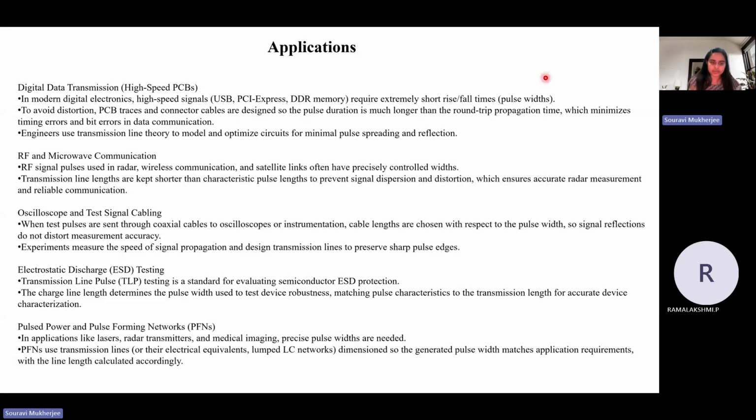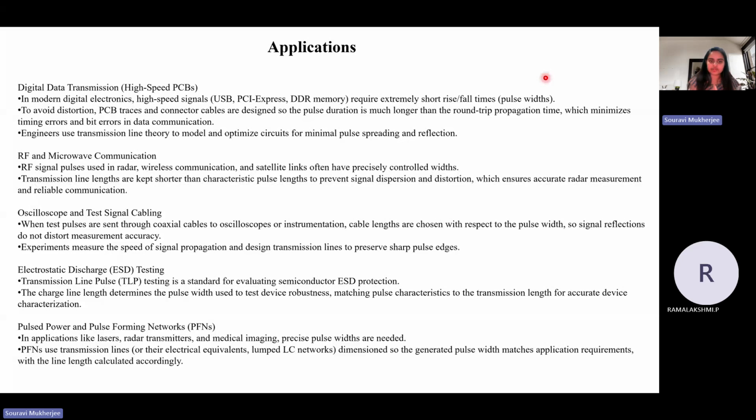And even in pulse forming networks, when you're talking about pulse lasers, or radio transmitters, different medical imaging facilities, in all those cases, if you need very precise pulse widths, you do not want pulse broadening or very long distorted rise and fall times.